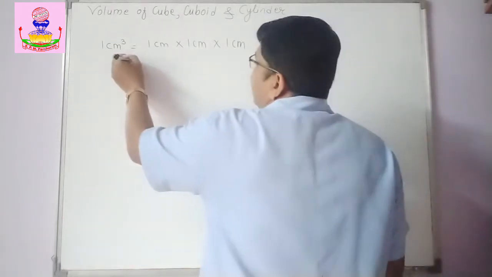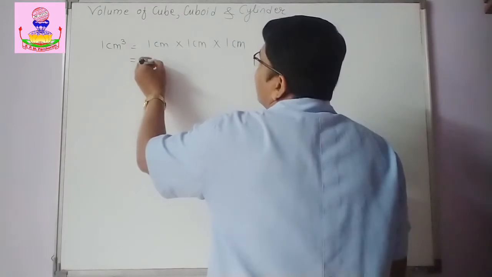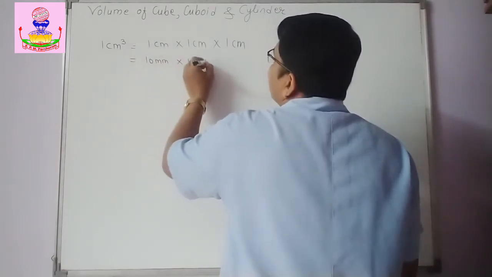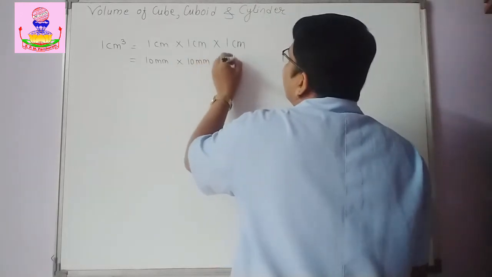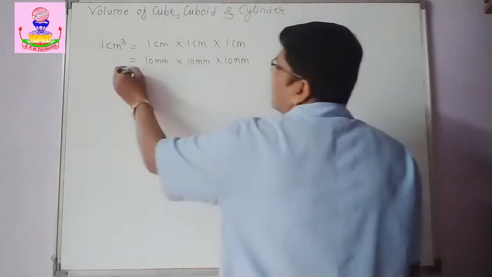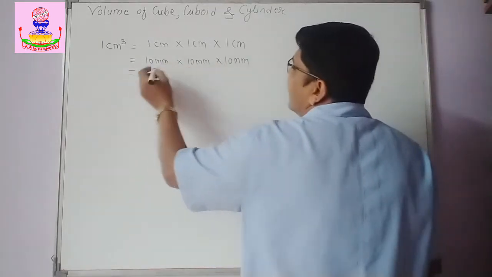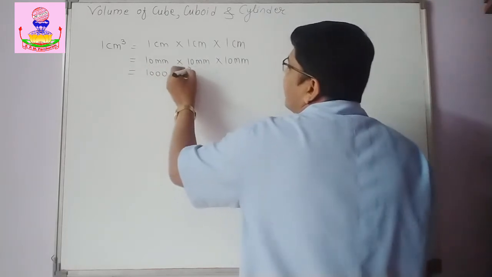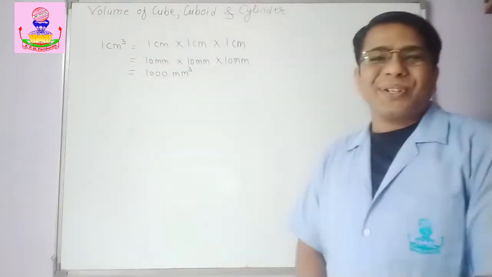Now 1 centimeter means 10 millimeters. And here 10 millimeters. So that is equivalent to how much? 10 times 10 is 100, 100 times 10 is 1000. So 1000 cubic millimeters.